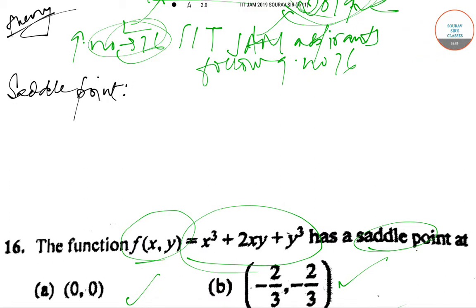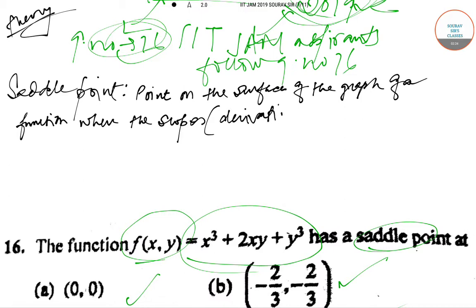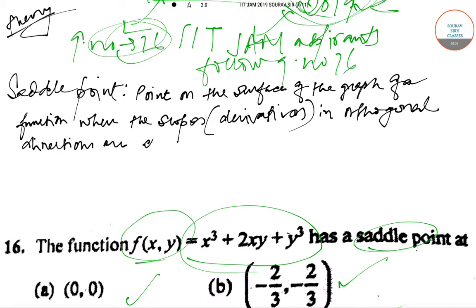In mathematics, a saddle point is a point on the surface of the graph of a function where the slopes, so slopes is basically derivatives, so let me write derivatives in brackets, in orthogonal directions are all zero. That is the critical point, we say in mathematical terms.